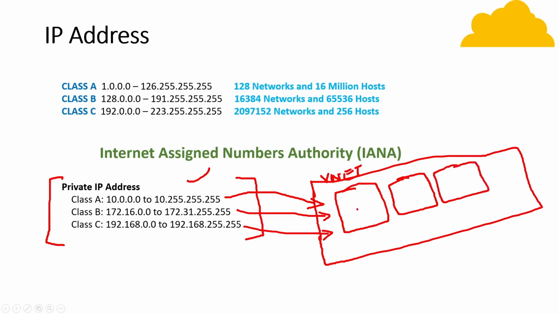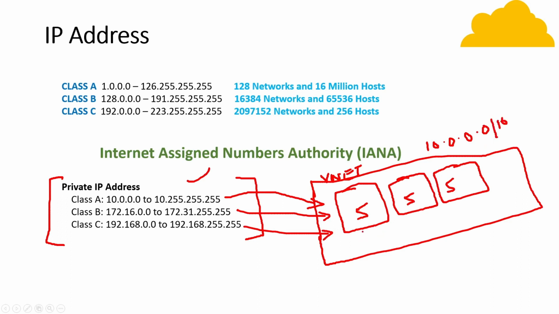And each subnet will be reserved with 5 IP addresses. So if you are choosing any one of the IP ranges from one of the classes, I will select class A. So I'll choose the 10.0.0.0 network with a CIDR block of /16.